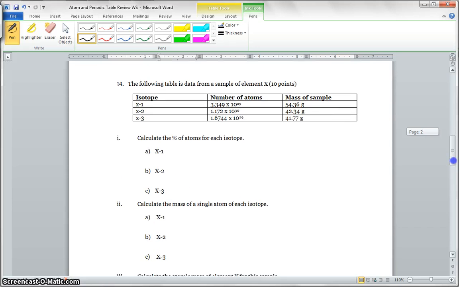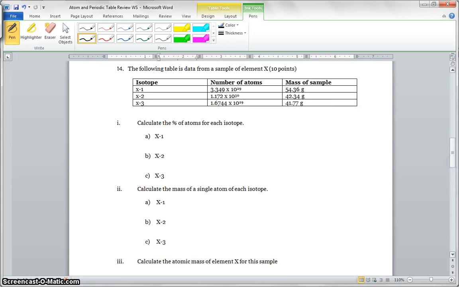Okay, next one is going to be the percent abundance question, and this question is actually on your test, same numbers and everything, so hopefully you pay attention and you understand. To start off, this is going to be exactly like our Beanium lab. So when we're looking at calculating the percent of atoms in each isotope, what we're going to have to do is we're going to have to add all these numbers together.